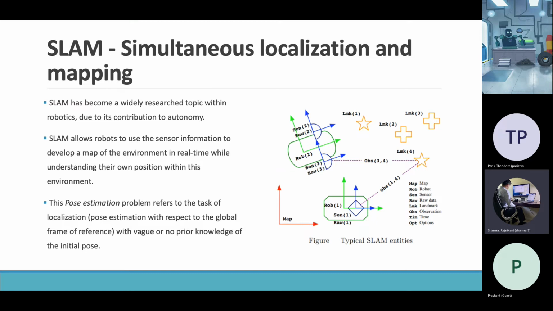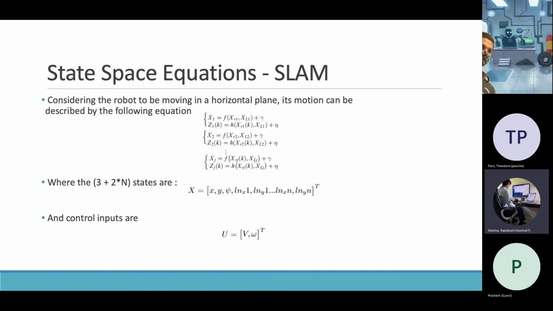So the state space in this case would look like, along with the robot pose X, Y, and psi, we would have to estimate the landmark positions X and Y. So if we have, say, n landmarks, the total state space size would be 3 robot states plus 2 times n, n being the number of landmarks. And the control inputs would remain the same.